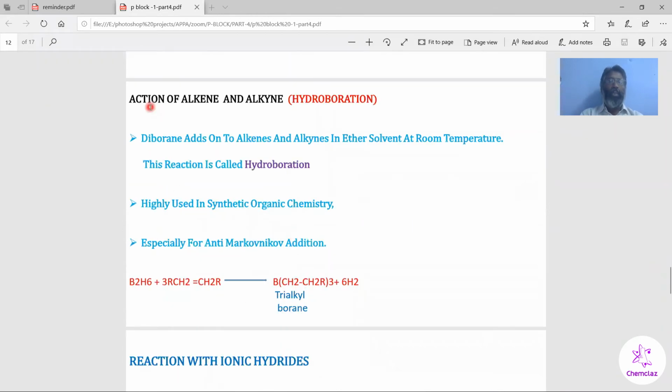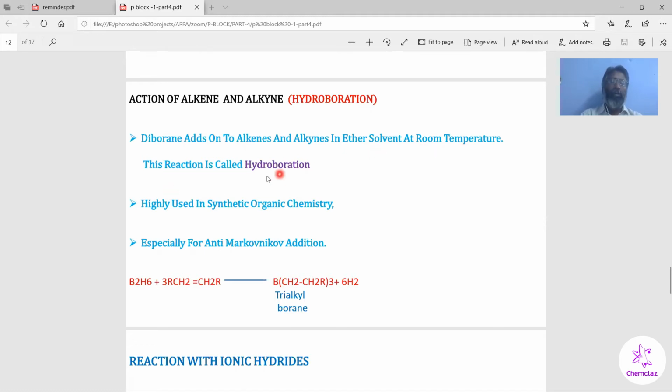The next one is action of alkene and alkyne. Alkenes and alkynes are organic compounds, so diborane reacts with the organic compound. This reaction is called hydroboration. Hydroboration means addition of diborane to an alkene or alkyne in the presence of an ether solvent at room temperature.